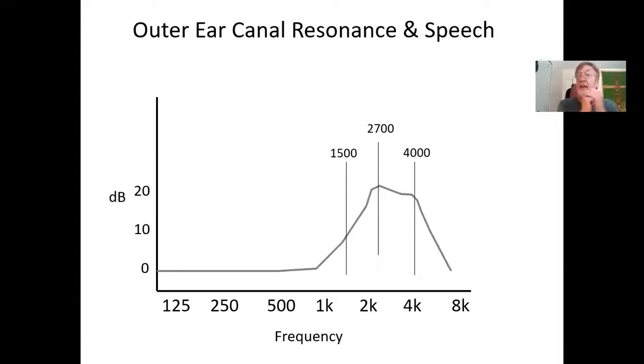So if the outer ear canal is 2.5 centimeters long, it's going to vibrate or resonate with sound waves that are 4 times the length. 4 times 2.5 is 10. 10 centimeters is 0.1 meter. 0.1 over 1 is equal to 340 over x, and you figure out x is 3,400 hertz, but the ear canal is flesh and bone, so basically that 3,400 hertz is spread out, okay, and the peak resonance is around 2,700 hertz.